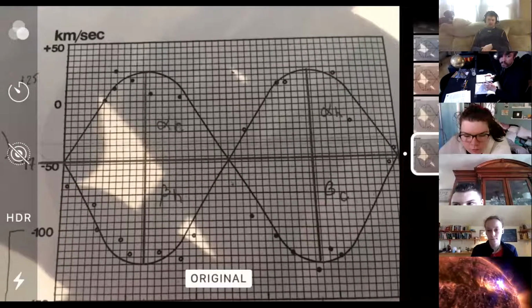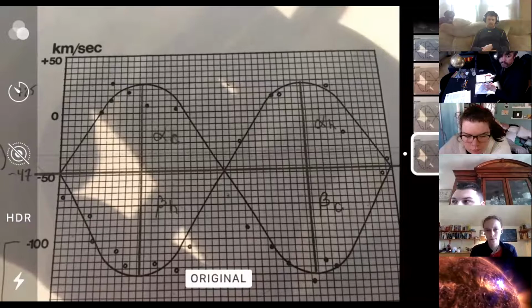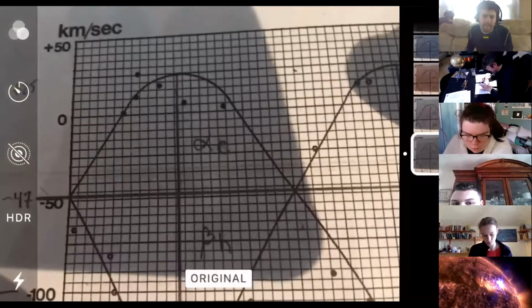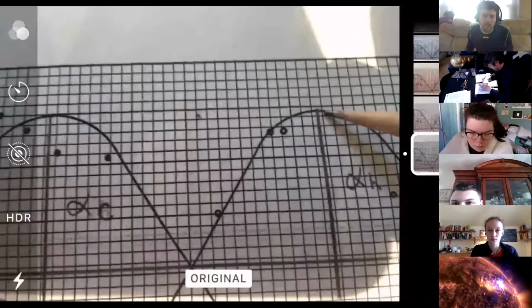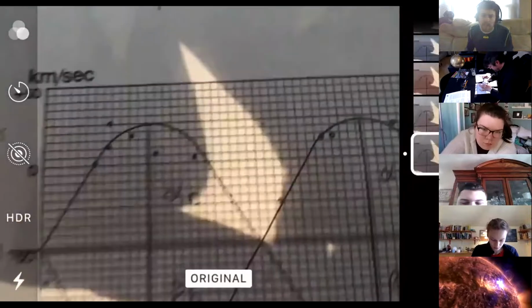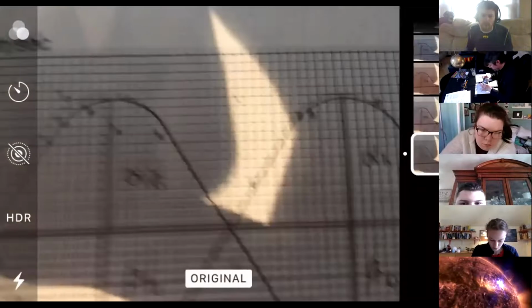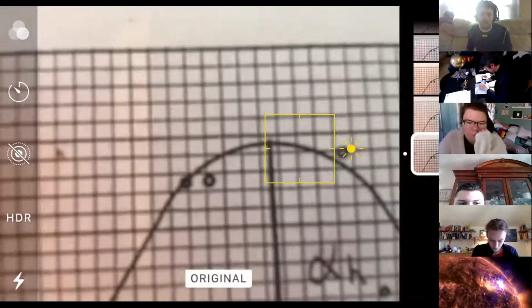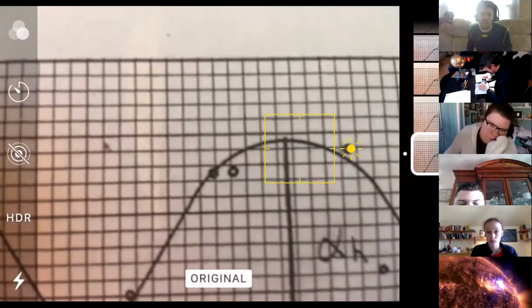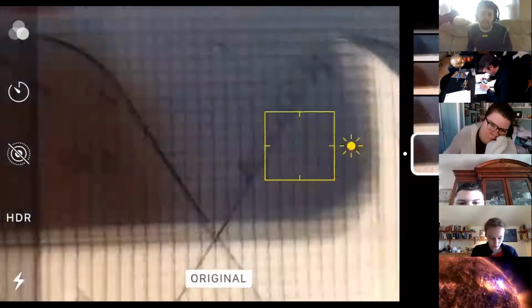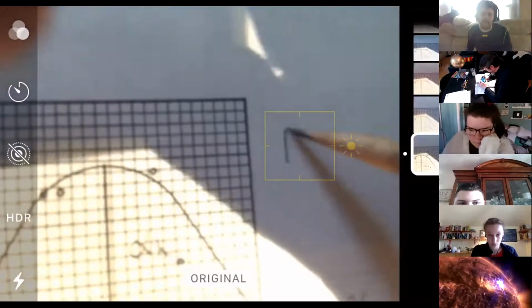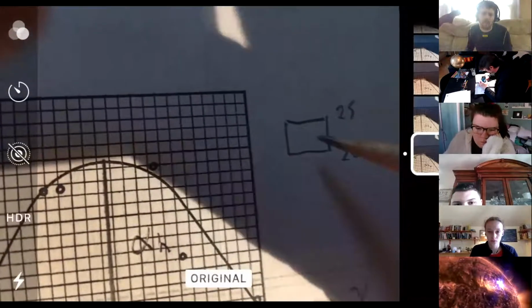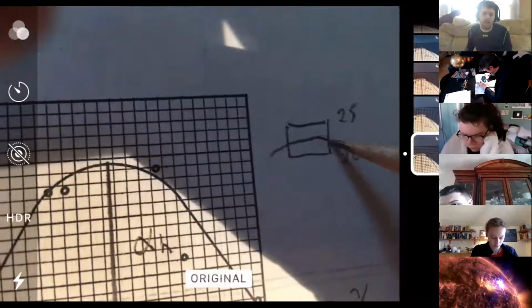So what's our alpha hot? What's the top? Well, what's this value up here? That's about 23, 24. It's what fraction of a box? Each box is worth 5. Let's zoom in here. The bottom of the box is 20, the top is 25, and the curve is coming up like this.